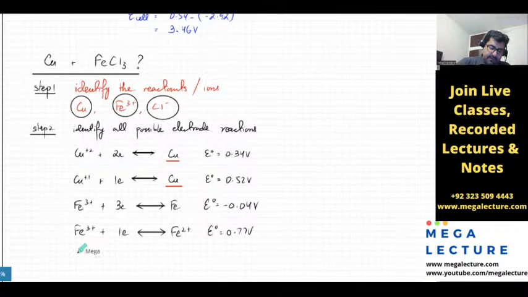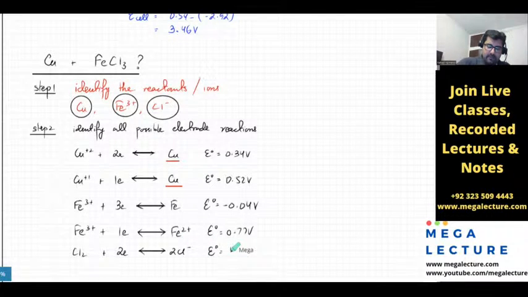Cl2 plus 2 electrons in equilibrium with 2 Cl minus, and that's E naught 1.36 volts.